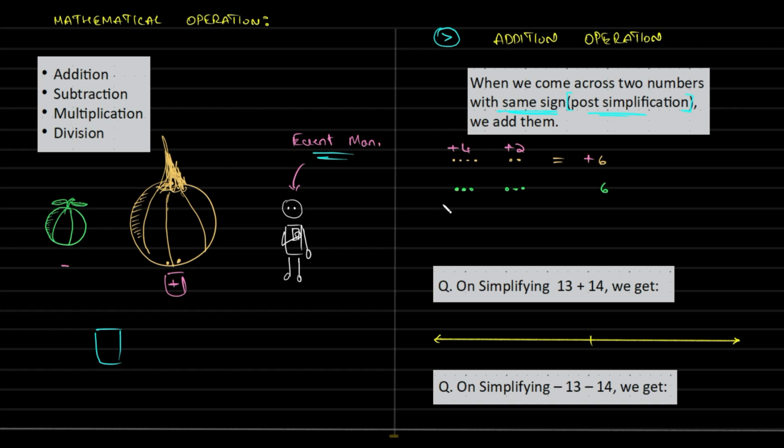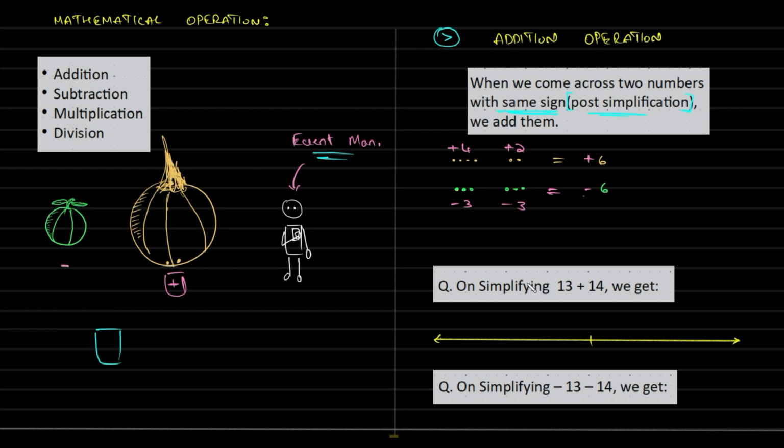Again, I have represented each bag of guava as negative. So there are 3 bags of guava and 3 more bags, and you get in total 6 bags of guava. Make sense? When you add groups of guava, you will get guava. Obviously, you won't get anything else. So negative and negative will give you negative as the answer. Same idea of addition.